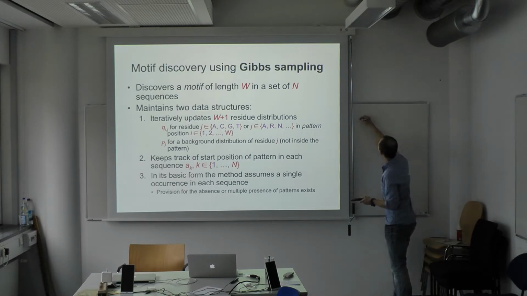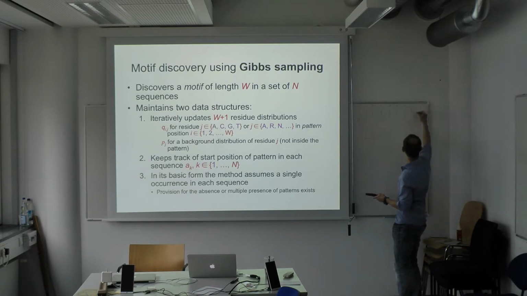So we would have our motif, which would be distributions for every position in the word. So we would have position 1, 2, 3, 4, 5. We would have probability distributions for each of them. So the different letters that might occur in those positions.